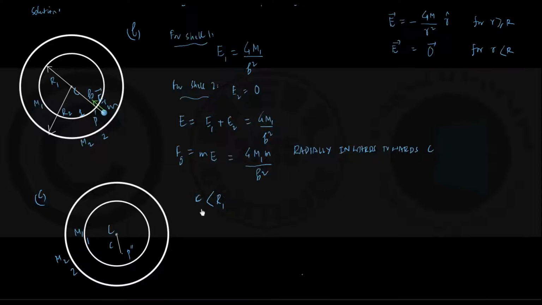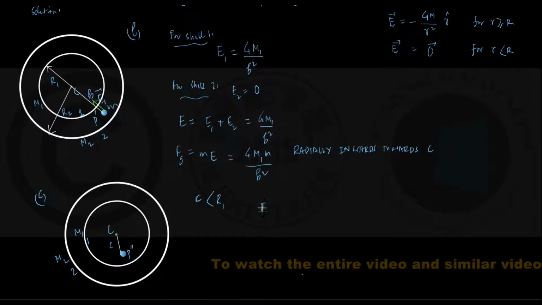But the question is, since the point P double dash where this particle of mass m is placed is inside both the shells, using my second guiding equation, I understand that both shells have no gravitational field at the point P double dash, and therefore I could write down that E1 is a null vector.